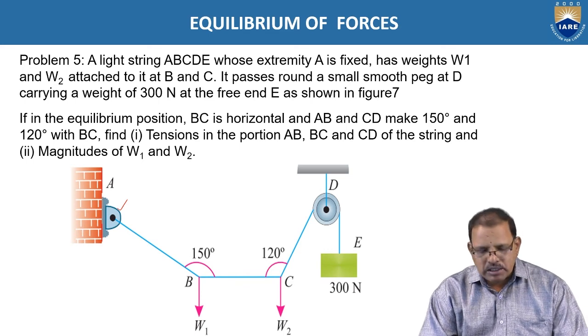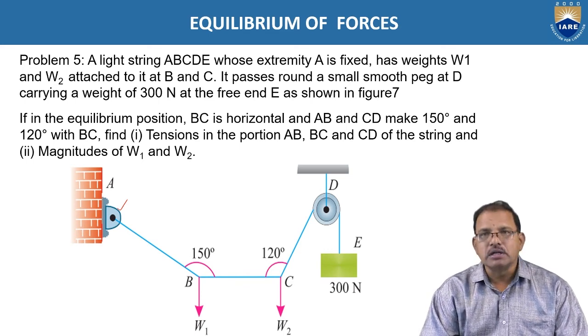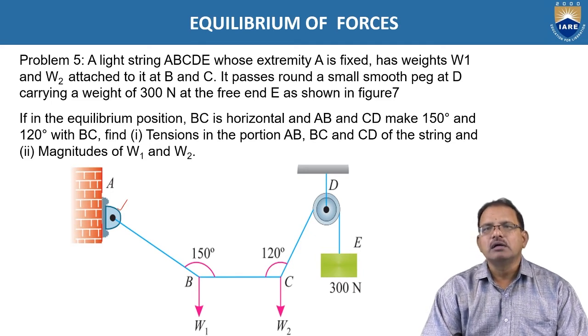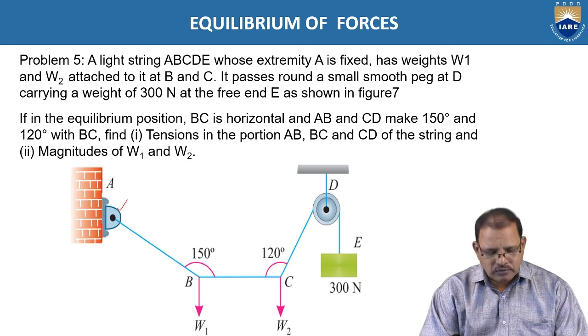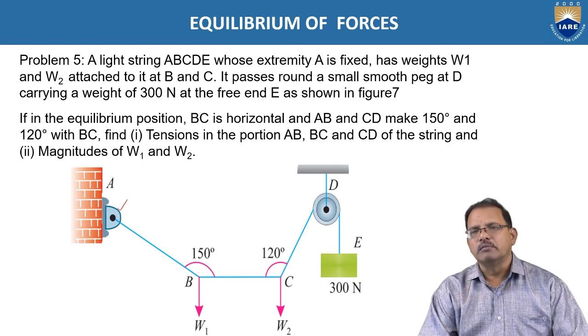If the system is in equilibrium and BC is horizontal, and AB and CD make 150 and 120 degrees with BC, now find the tension in the portions AB, BC, CD and the magnitudes of W1 and W2.